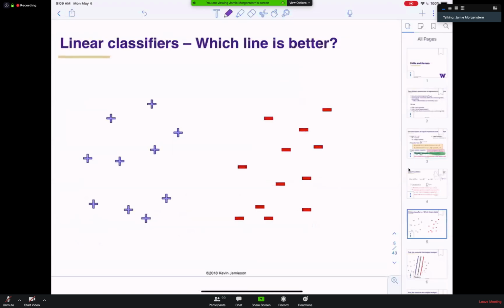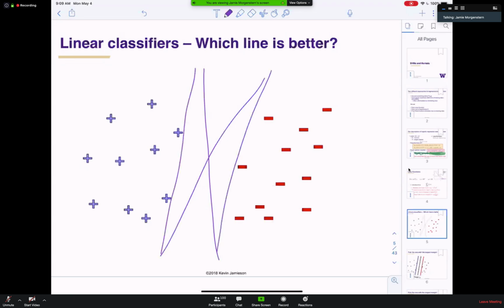Okay. So the canonical way to think about the hinge loss is the following. Suppose we have a bunch of positive and negative examples that look like so. And if I wanted to ask you which of the following lines is the best, what would you say?